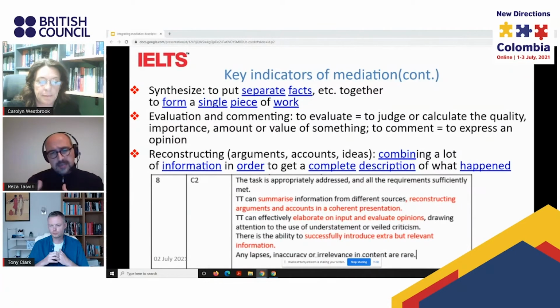Synthesizing denotes putting separate facts and different ideas together to form a single piece of work; evaluating and commenting on the information that has been mediated into the performance; and reconstructing arguments or accounts, which is combining a lot of information in order to get a complete description of what happened. And the snapshot shows you the wording of the scales at a higher end of the band scales, which is band 8.